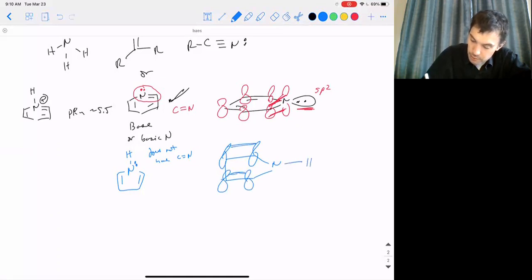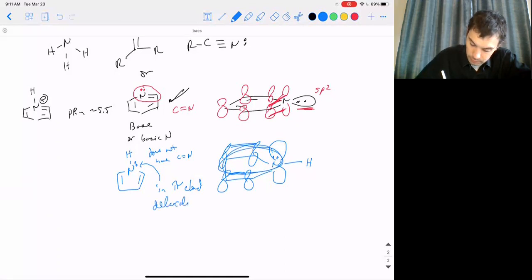But to get to the aromatic number of 6 pi electrons, we need to engage this nitrogen lone pair. And so this lone pair is in the pi cloud. Because of that, it's delocalized. And if it's delocalized, it's not going to be basic.